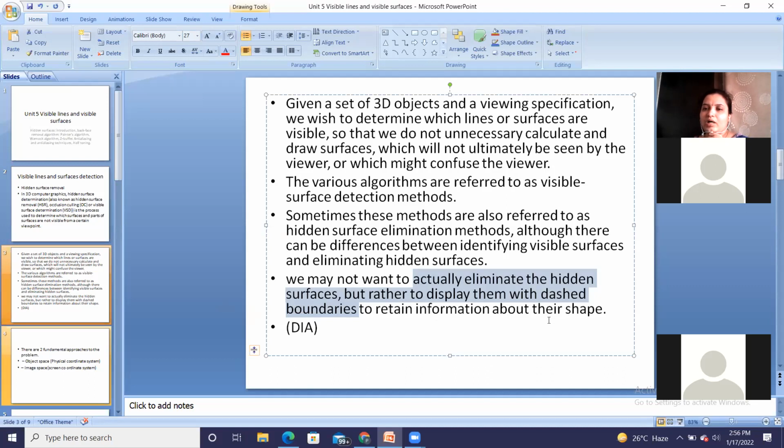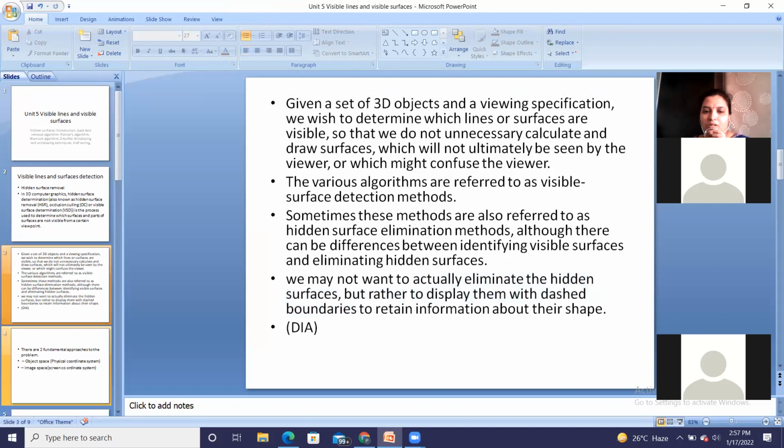So that we can come to know about the actual shape. In 3D objects, we should know the actual shape of the object, and that's why the dashed boundaries are required to retain the shape of the object. And at the same time, the dashed line indicates those surfaces are hidden in nature. So let us see the diagram of it.